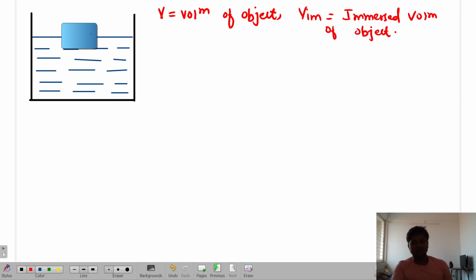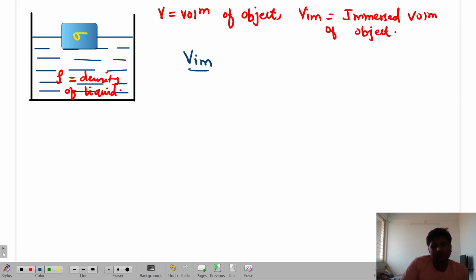Let's suppose the density of object is sigma, and density of liquid is rho. Now look over here. We got the equation: volume immersed by volume of object equals density of object by density of liquid.